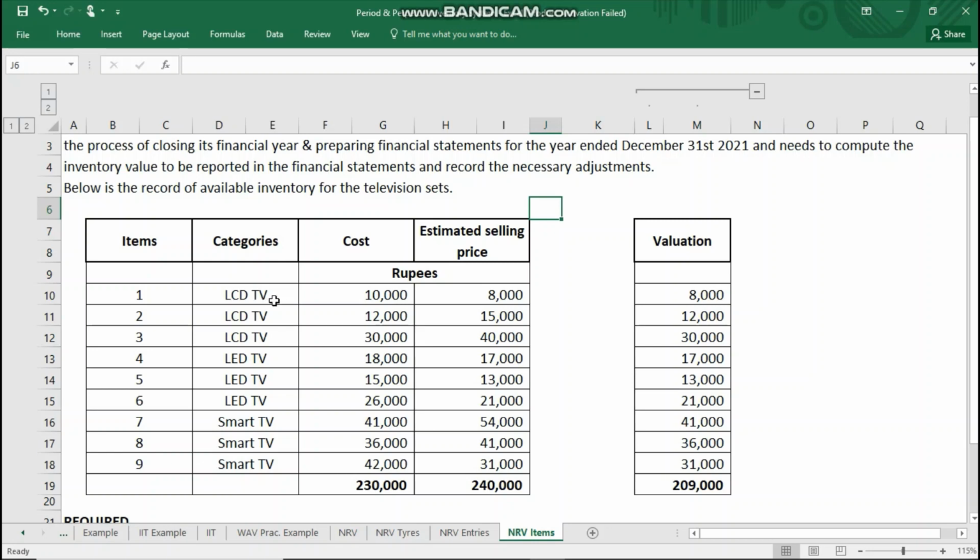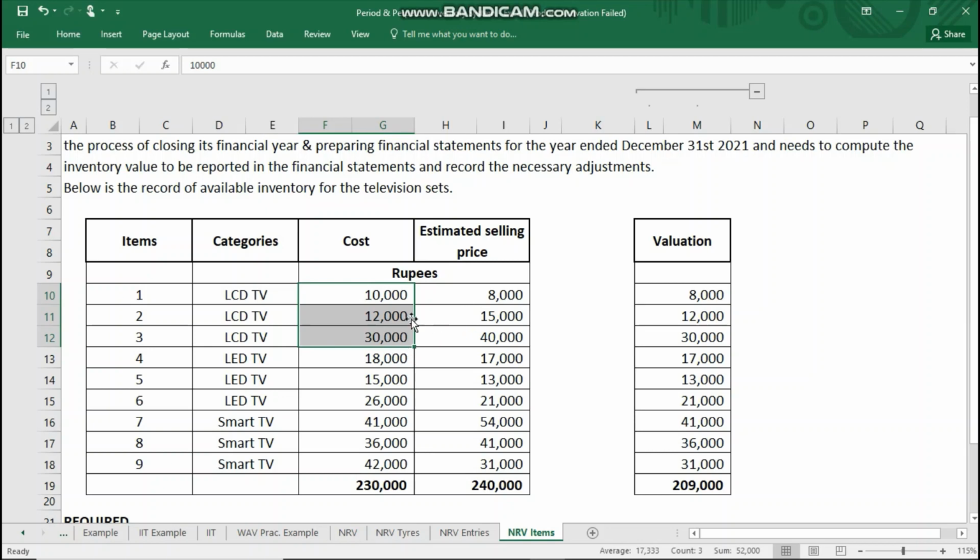Let's assume we have three categories of the inventory. Like LCD TV, we can create one category, LED TV, we can create a second category, and the third one is the smart TV. Okay, so why can't we do this NRV testing at a category level?